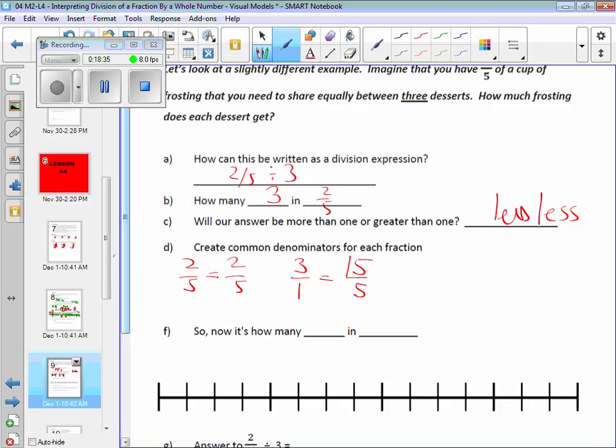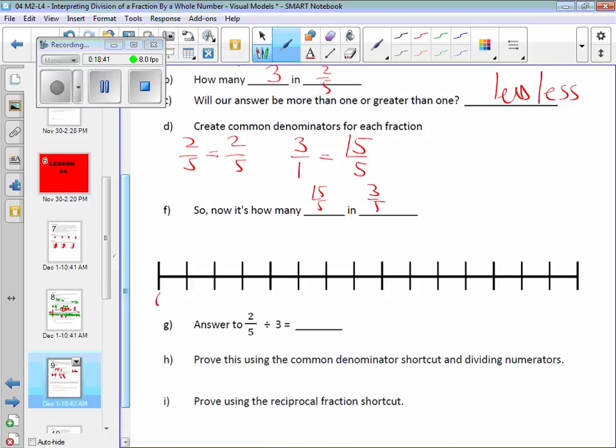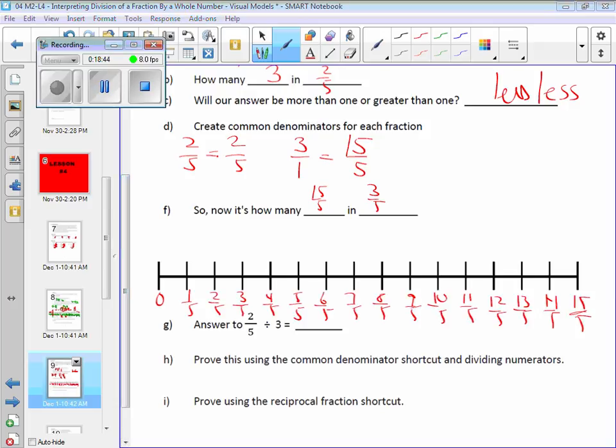How many 15/5 in 3/5? Number in fifths. Where's my go-to? More hands this time, which is good. Michael. Agreed. 3/5. The line there.